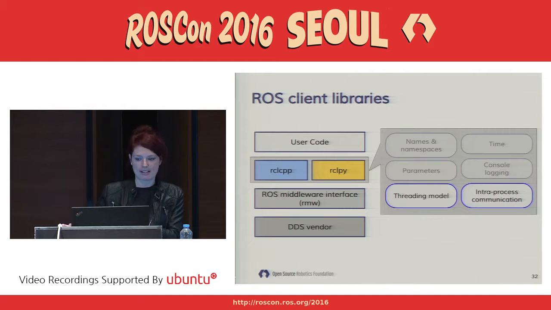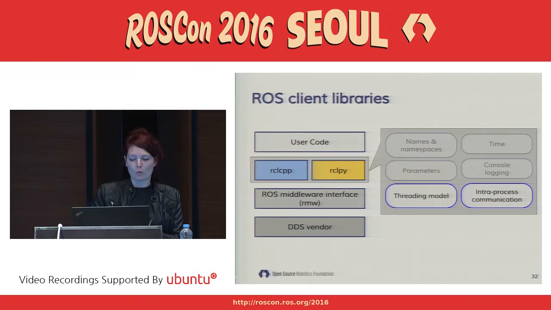And these last two in particular are parts of the client libraries that tend to be specific to the programming language that they're implemented in. So for interprocess communication, for example, you're going to need to know about higher level concepts, things like memory management and types. And the threading model is going to be dependent on different libraries depending on what language you're using.